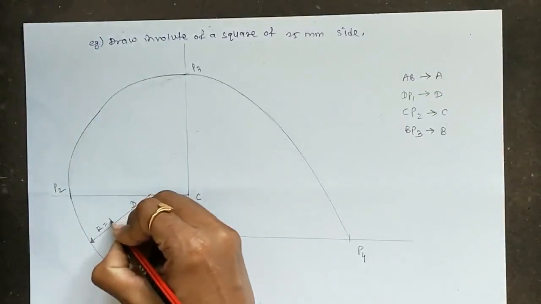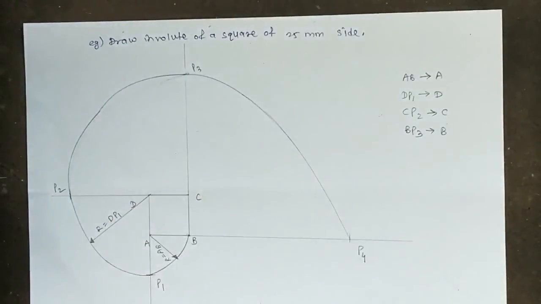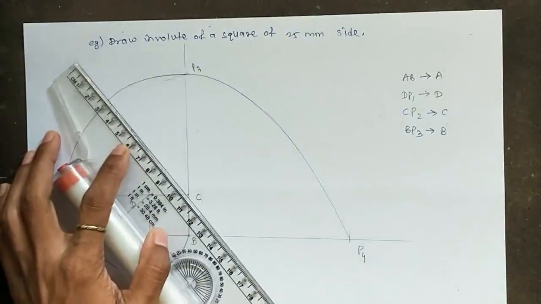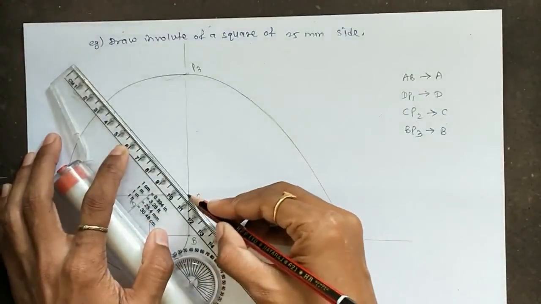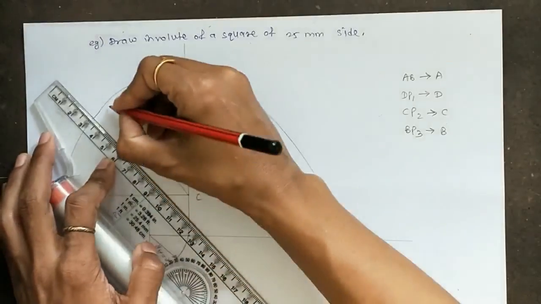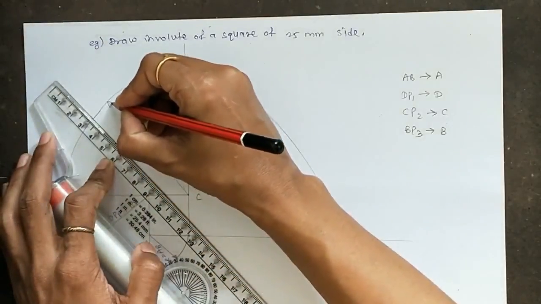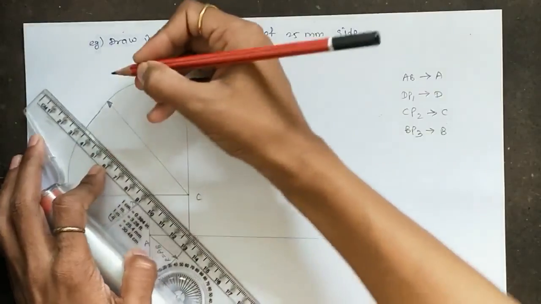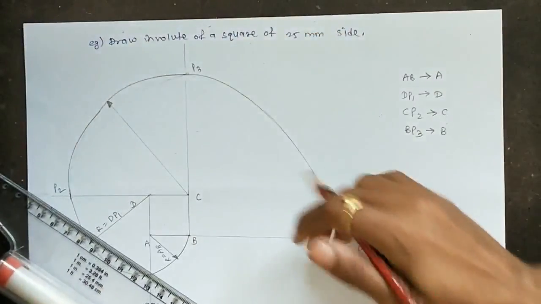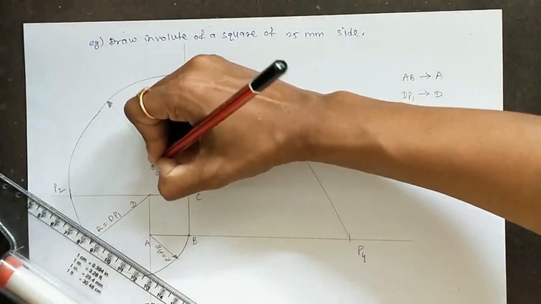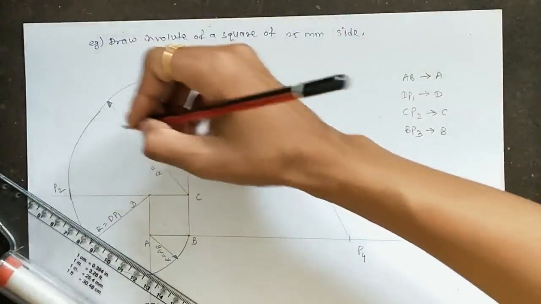So R is equal to DP1. Then give this radius as distance, that is radius CP2.